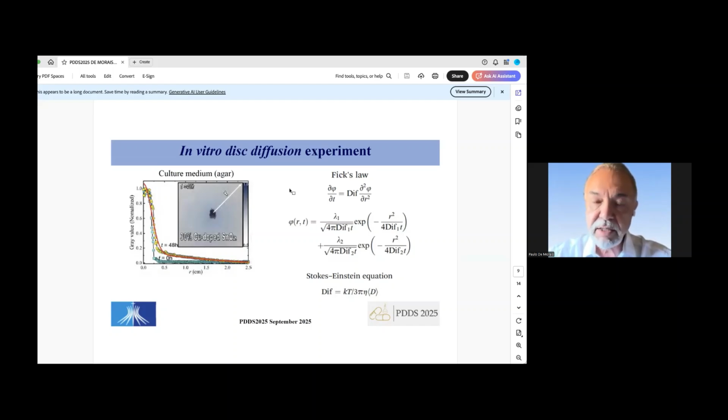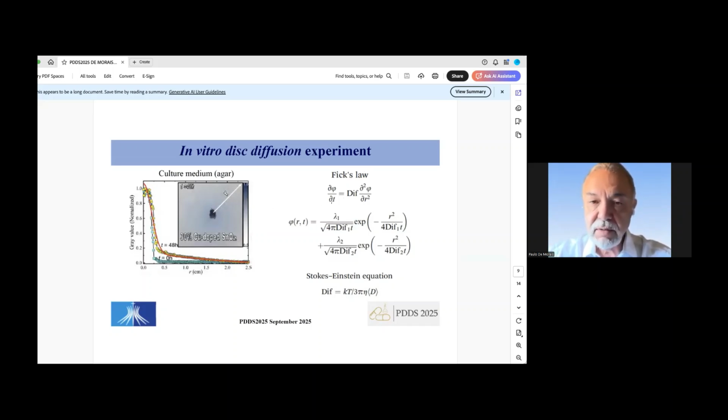And we found that the diffusion process fits very well with Fick's law. This is the typical standard differential equation that describes Fick's law. And the data, as you can see on the left-hand side, for instance, the solid red line is the best fitting of the data for the 48 hours diffusion.